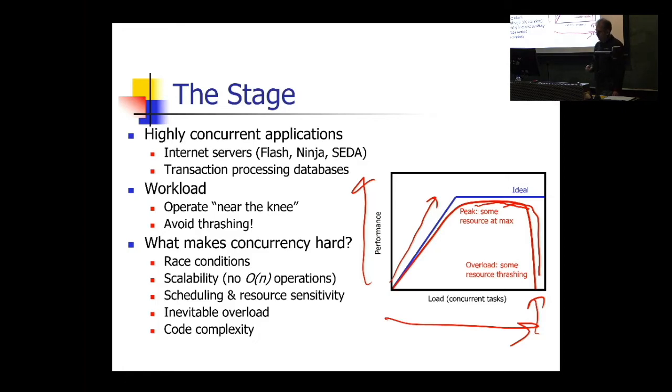So ideally, you'd like to be able to operate near the knee. At some point, you'll probably drop over it. But in an ideal world with a good design system, this curve will go further out in that direction and postpone the thrashing and dropping off the curve.